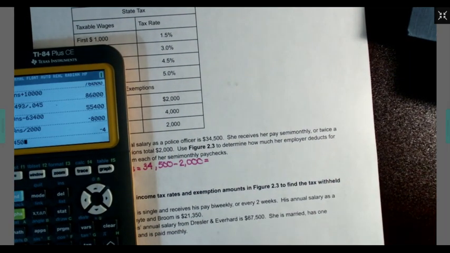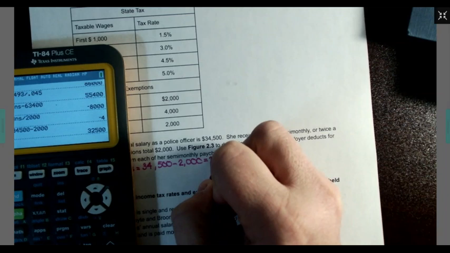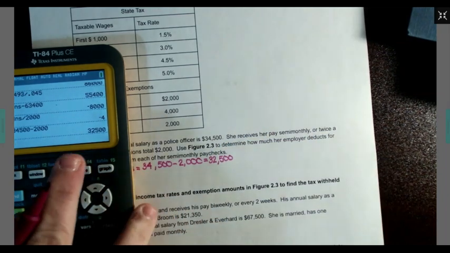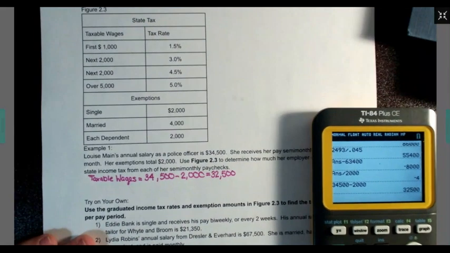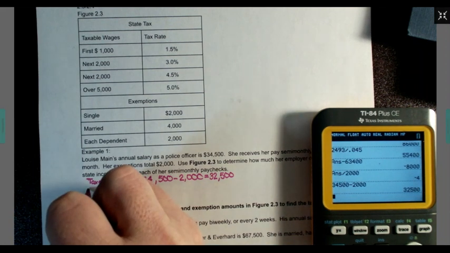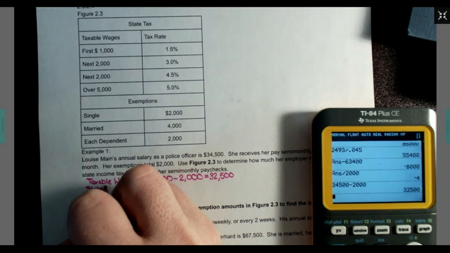So 34,500 minus 2,000 is 32,500. Now, she has to pay this state income tax on a graduated basis. So we're going to find the state income tax at each level.